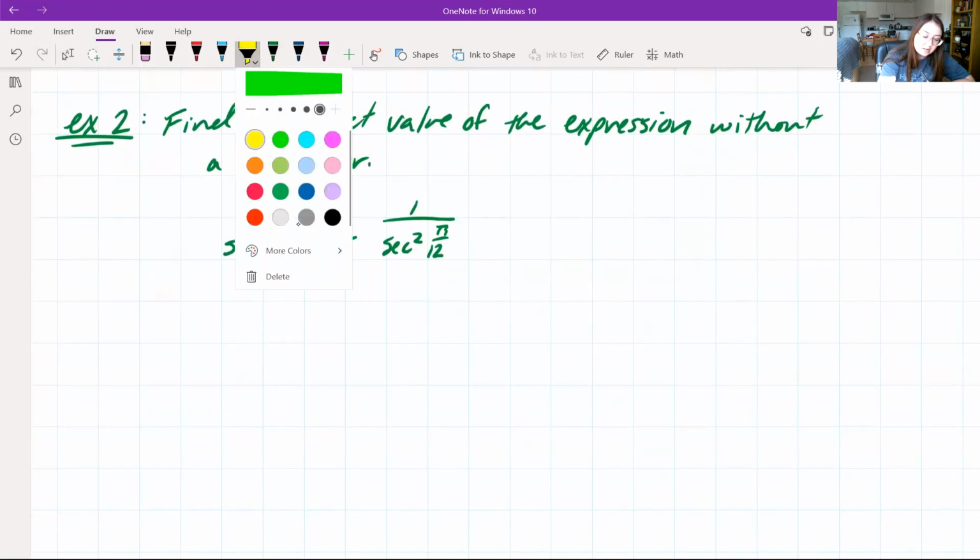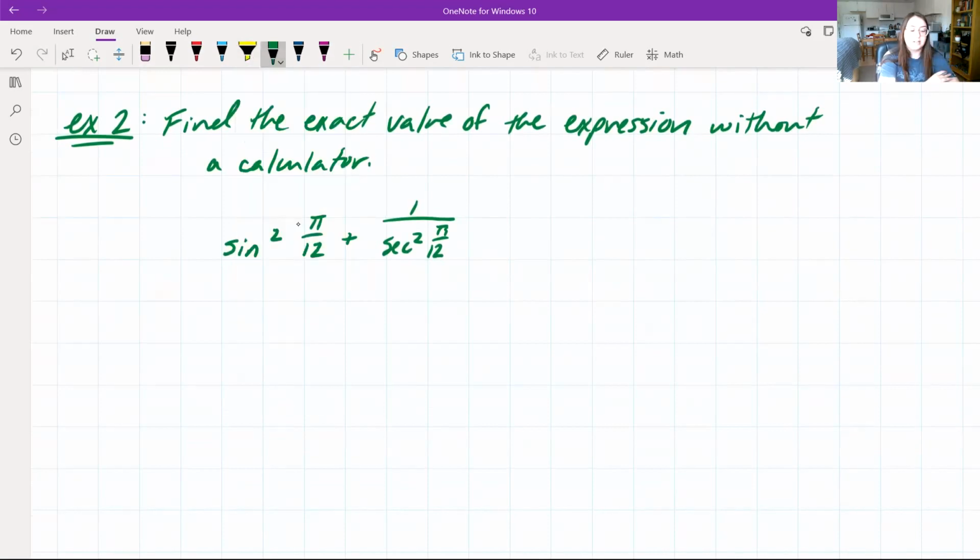So for our next problem, example 2, we want to find the exact value of the expression without a calculator. So we have sine squared of pi over 12 plus 1 divided by secant squared of pi over 12. So we need to simplify this as much as possible.